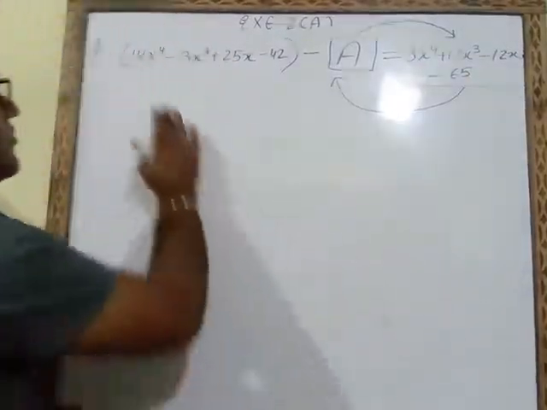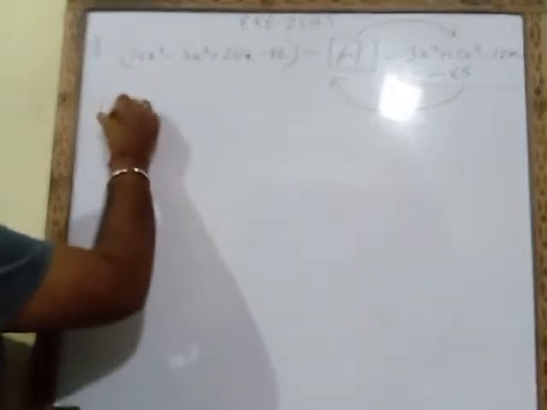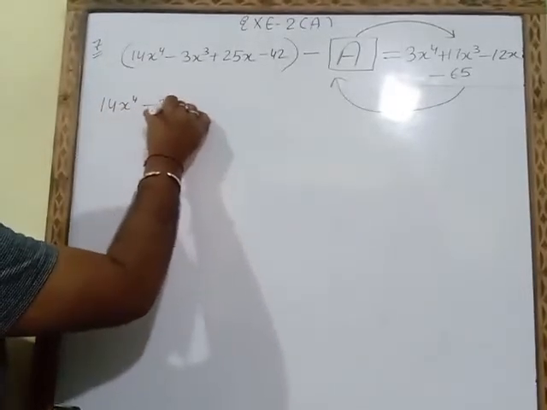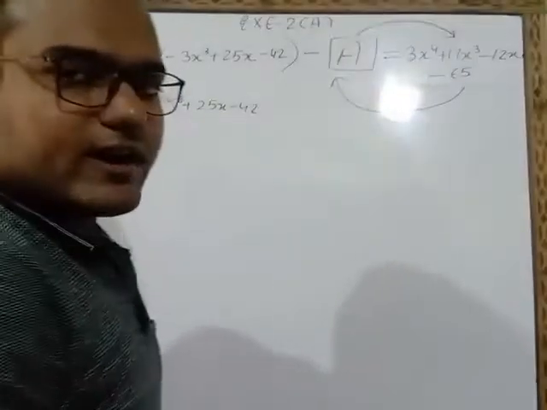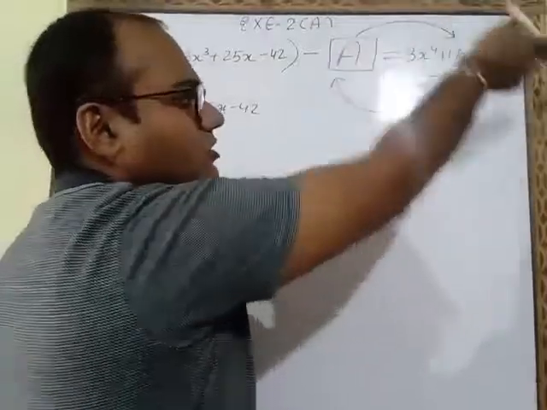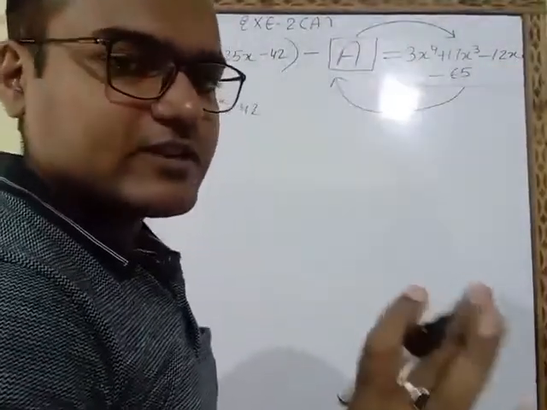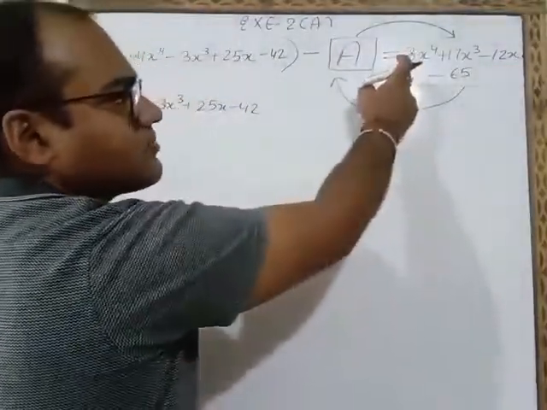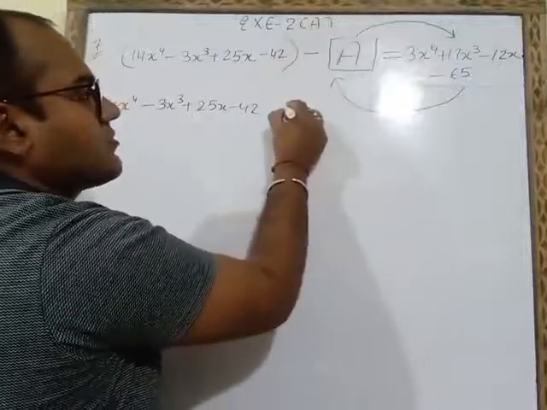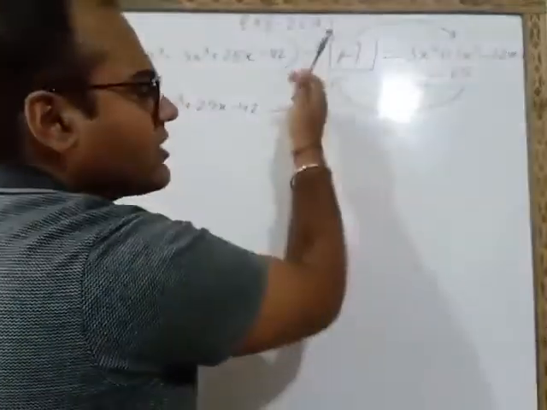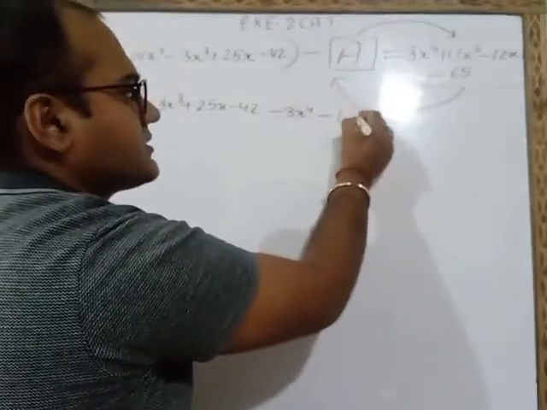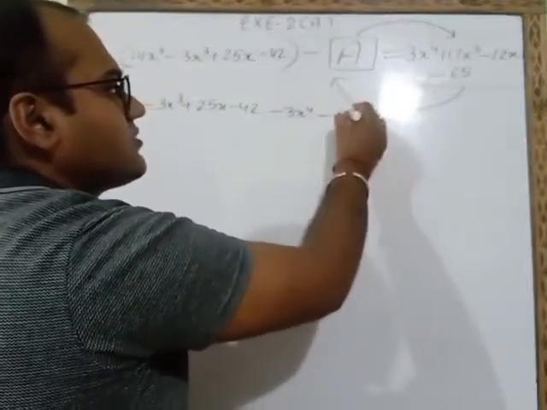So this term we have to write as it is, 14x power 4 minus 3x power 3 plus 25x minus 42. Now this minus A we will not write, because we will take this minus A on the right hand side. So this minus A is removed. Plus 3x power 4 we will bring on the left hand, so minus 3x power 4. Plus 17x cube when we bring on the left hand, minus 17x cube.